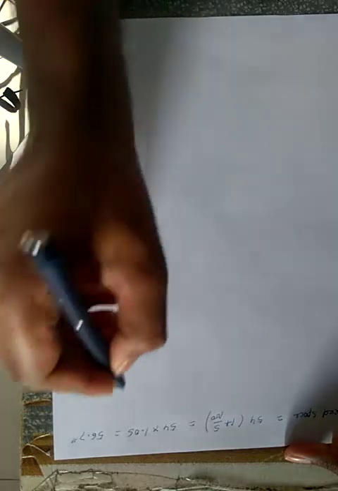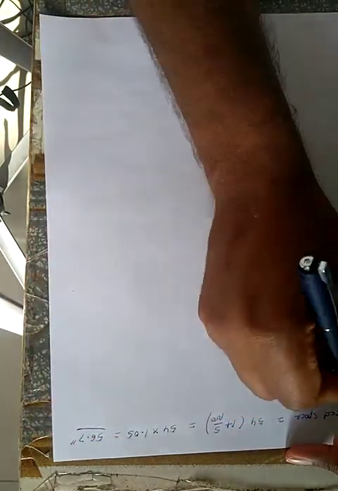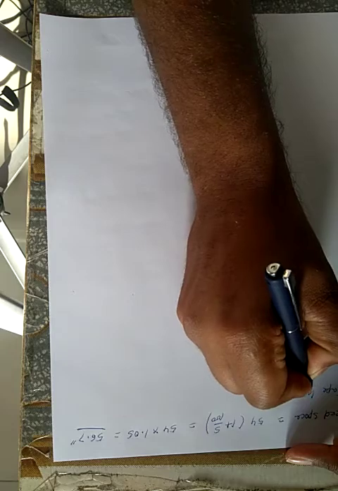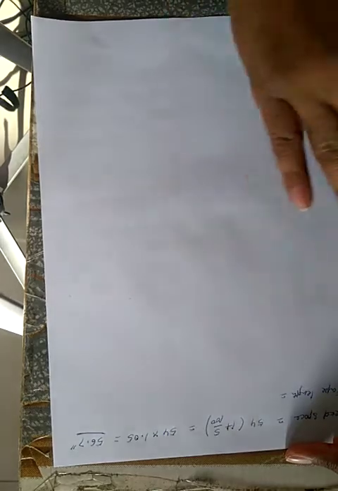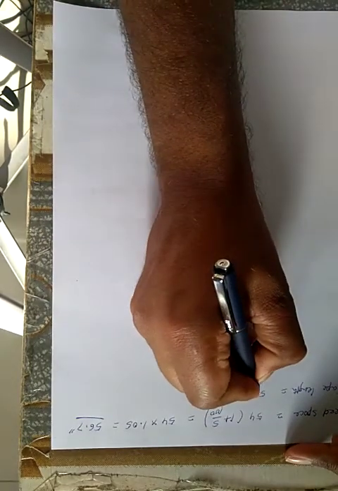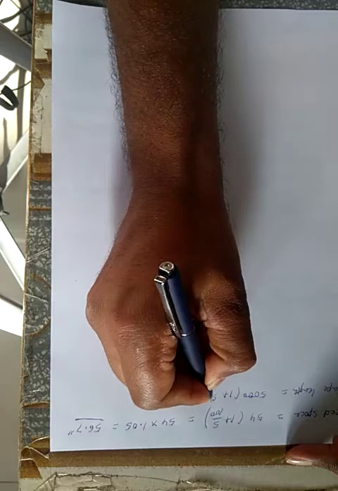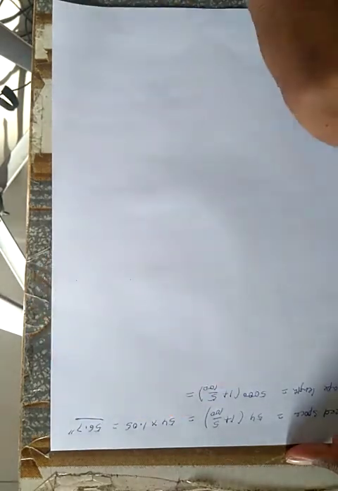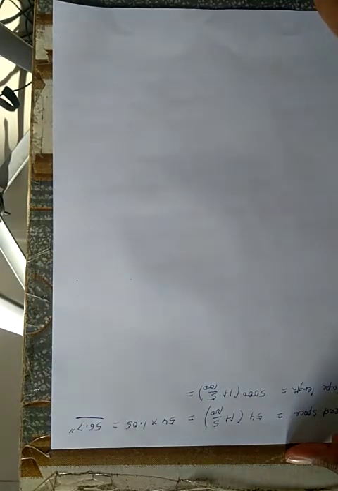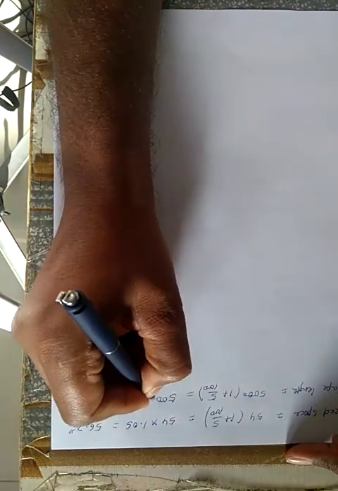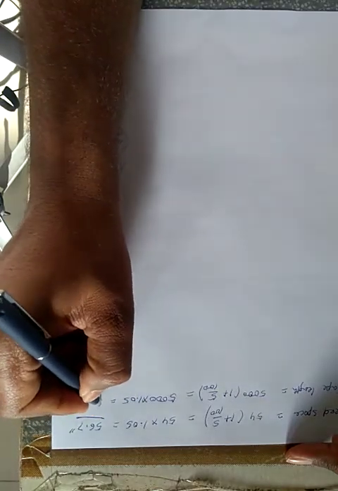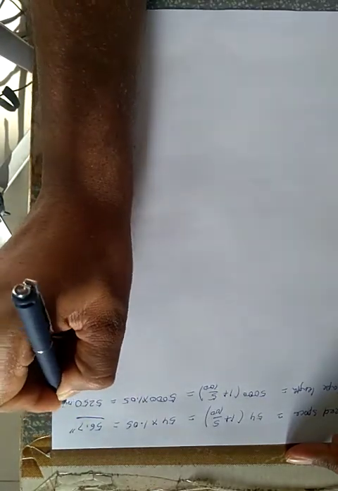So this is our reed space. Tape length: length of fabric 5000 meter plus crimp, that comes to 5250 meters.